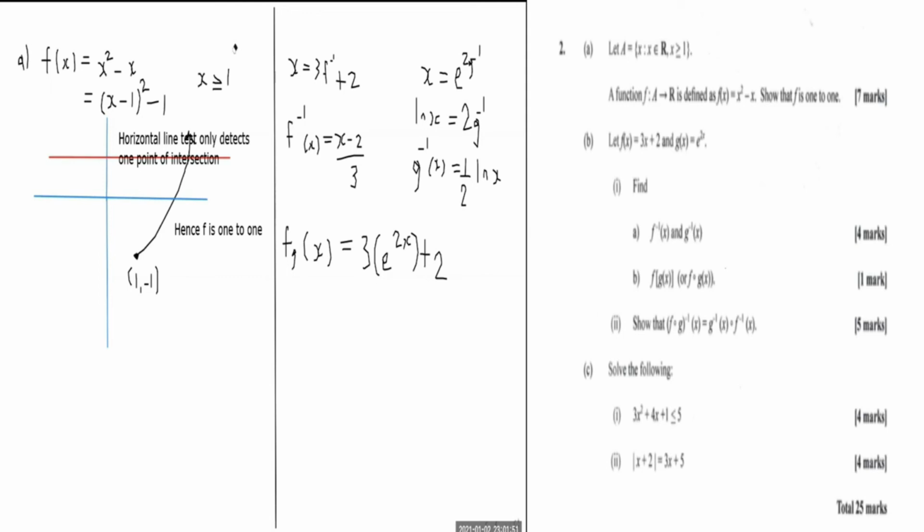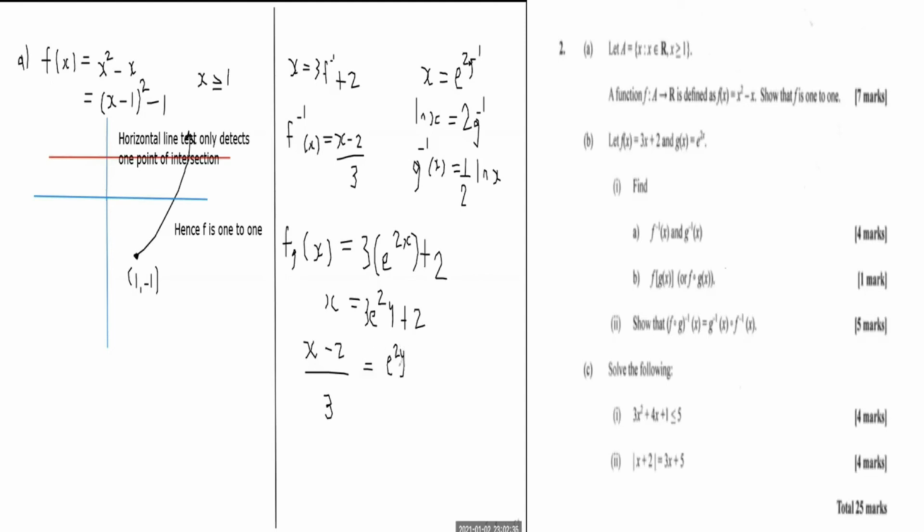All right. So call fg of x y, then interchange x and y. So you're going to write that x is equal to 3 times e to the 2y plus 2, where I'm calling y fg inverse. All right. So I need to make y the subject, so I subtract 2 from both sides, and then I divide through by 3. And that's going to give me e to the 2y.